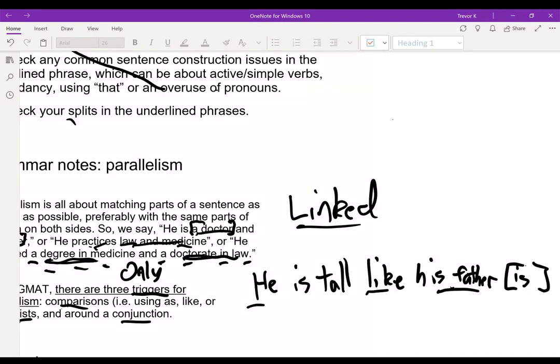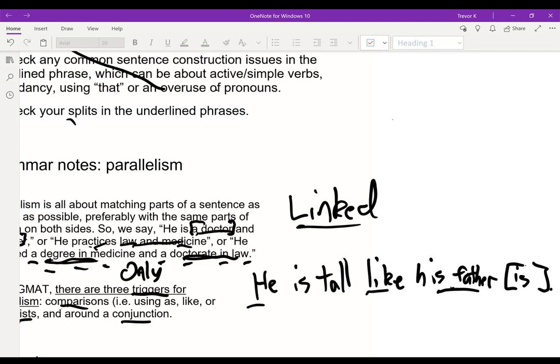Don't I need is for parallelism? Well, part of the thing about parallelism is if you make it clear to your reader that you're comparing these things, you don't actually need to repeat extraneous words. It would actually be redundant to do so. So I don't need to say he is tall like his father is, because I've set up my comparison clearly enough that I can just say he is tall like his father. Cool. I don't need to repeat is.